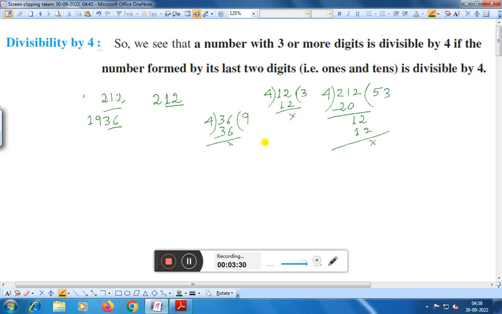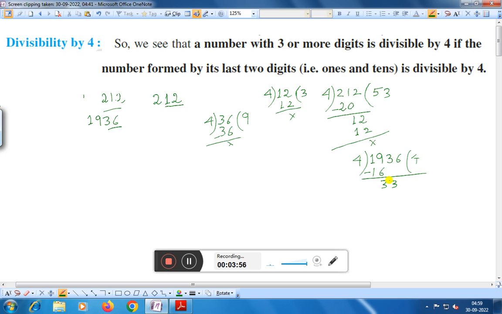Let us divide 1936 by 4. 4 fours are 16. If we subtract, 19 minus 16 is 3.